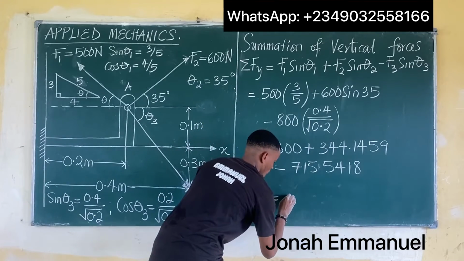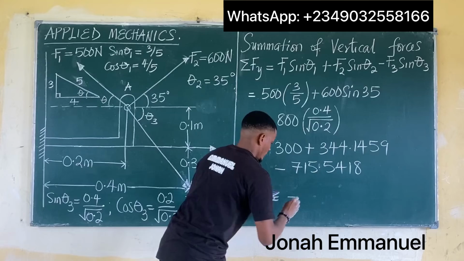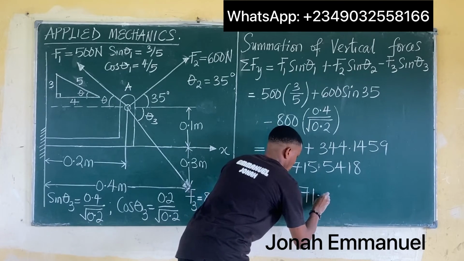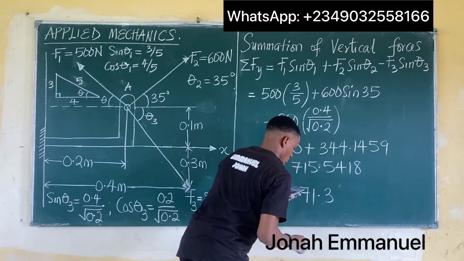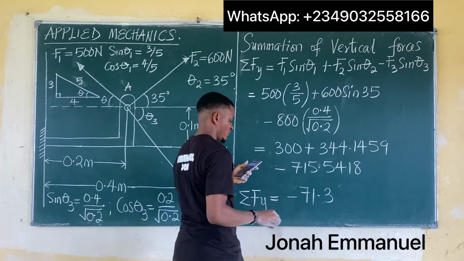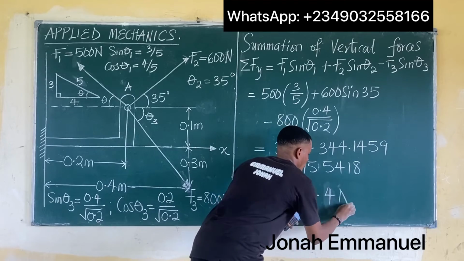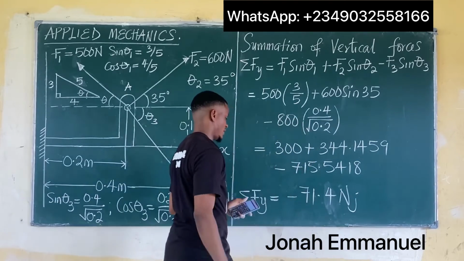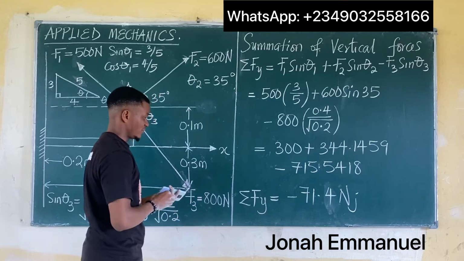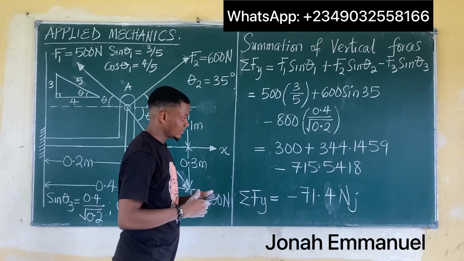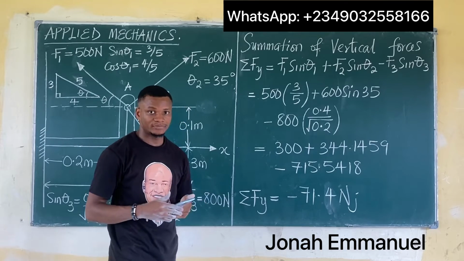That gives you minus 71.39, or just minus 71.4 Newton J. So I have this. So this is the value of sigma Fy.